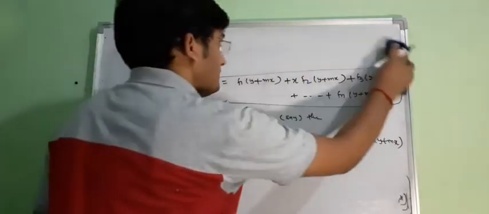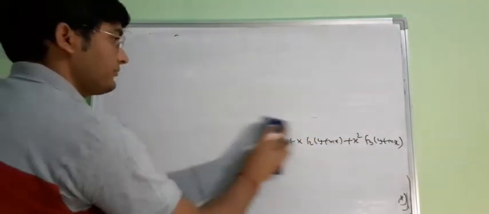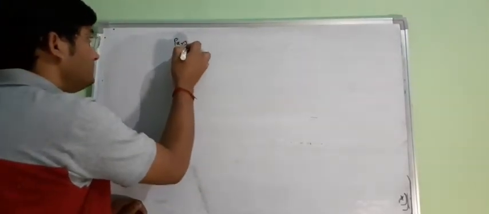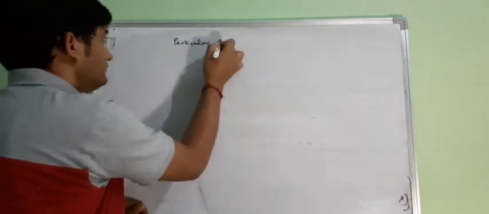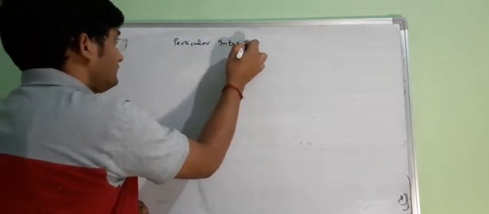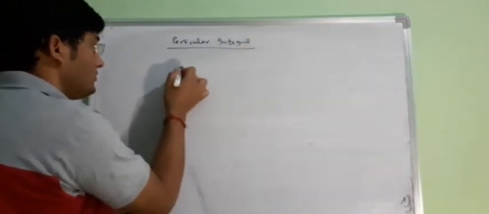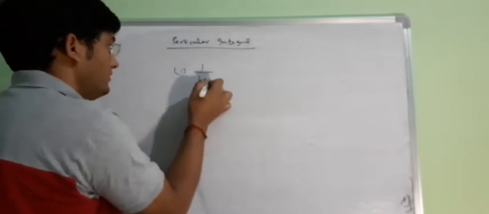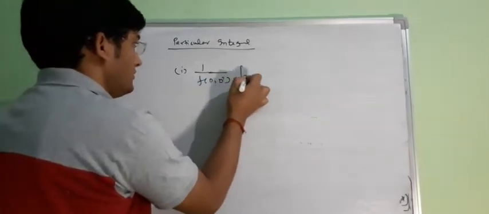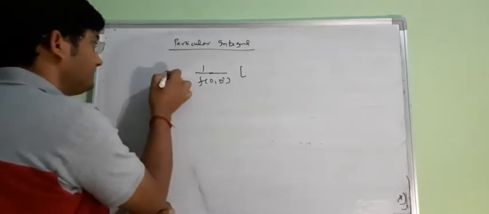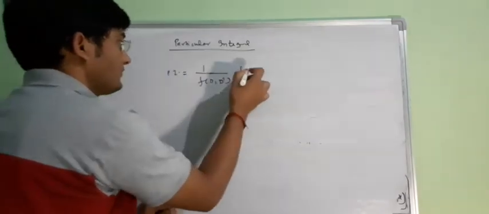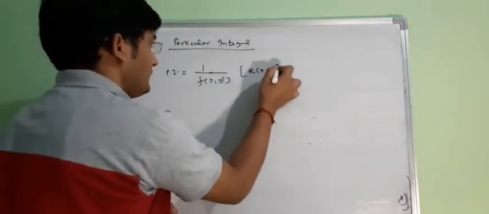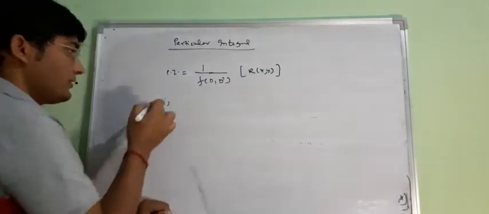Now let us find out the particular integral. So first of all, this was your particular integral, r of x, y. Now the first formula.